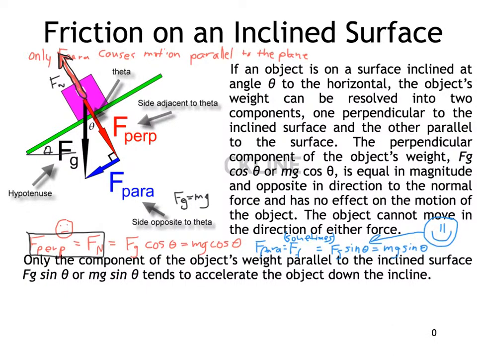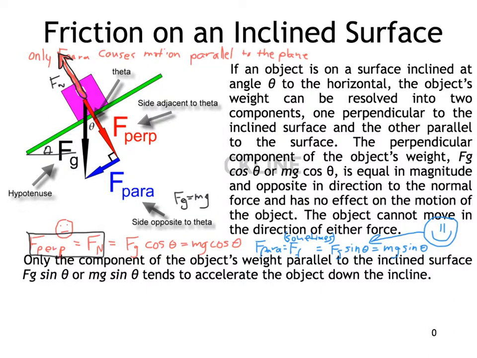Now, I would like to contrast that with an extremely useful equation, which is the values for F para and Ff. F para is the only component of the object's weight which would actually carry the box down the plane. So F para is an extremely useful value to find because it's going to tell you the acceleration down the plane as well.